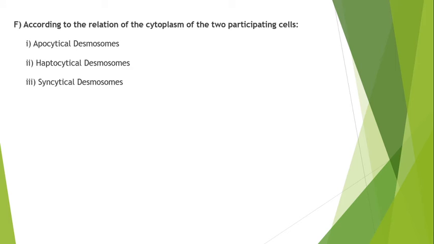First is the apocytical desmosomes, second is the haptocytical desmosomes, and third one is the syncytial desmosomes. See, apocytical desmosomes are those in which the cytoplasm of the two participating cells are completely separated by membrane of high electrical resistance and are not electrically coupled. Got it?